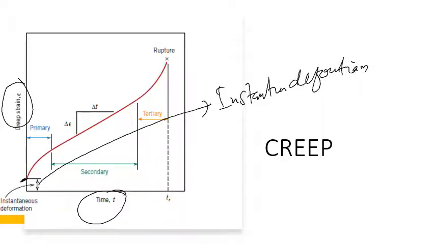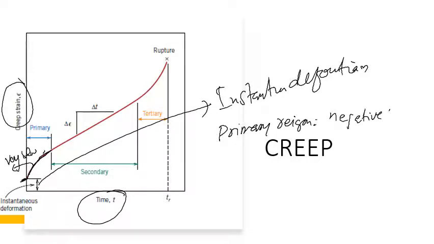Okay, when it starts, you will see that it decelerates, right? The slope of the graph is negative here. So this will be very slow, very slow. So in the primary region, there is a negative slope, decreasing strain rate.